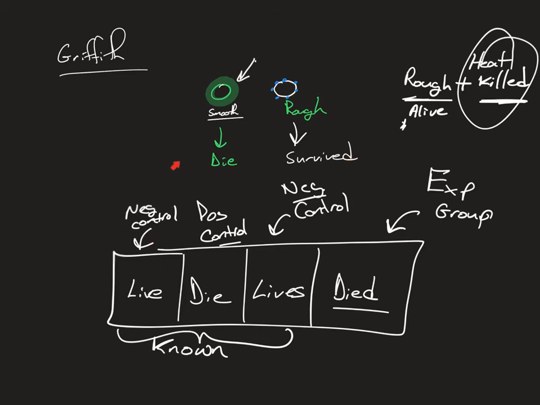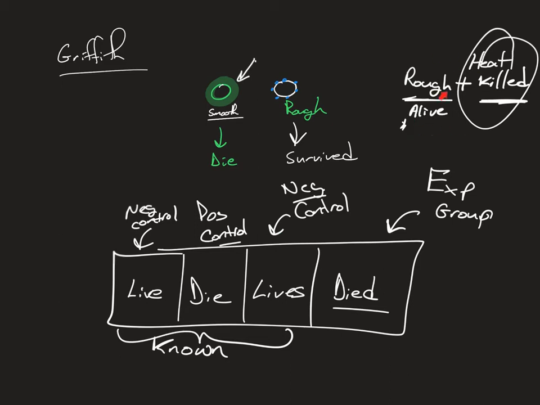If he wouldn't have done the control group, then he could not make that argument, correct? Because he could have said, well, how do you know some poison didn't kill the bacteria that was left over from killing the smooth? How do you know that the rough bacteria doesn't kill the rat? How do you know that the smooth bacteria kills the rat at all? That's what these three control groups did.